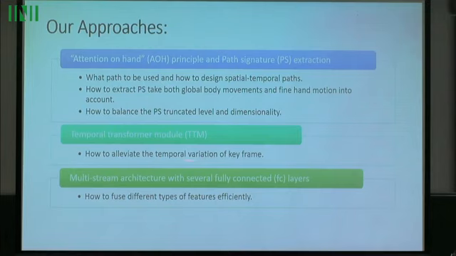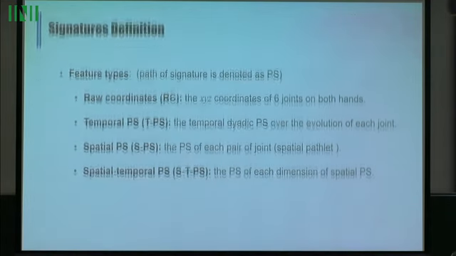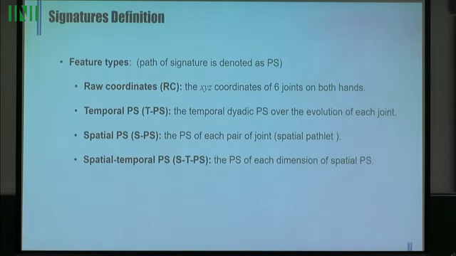The last one is how to fuse different types of signature features efficiently. These are the features we are using. We use raw coordinates, and we use temporal and spatial path signatures, which are inspired by Dr. Yang's work, and he will talk about this afternoon. Basically, we have the temporal path signature based on the temporal trajectory variation.